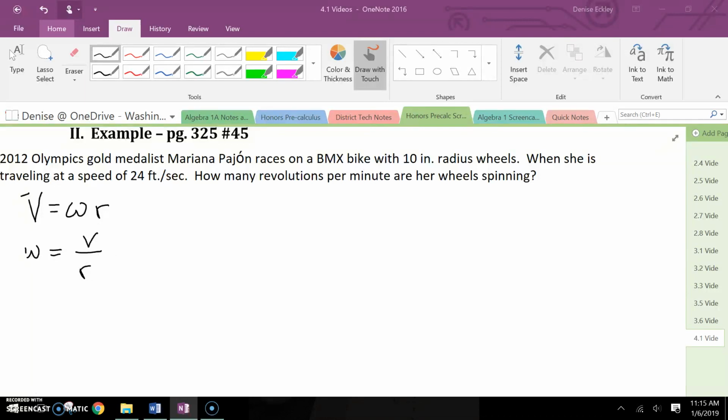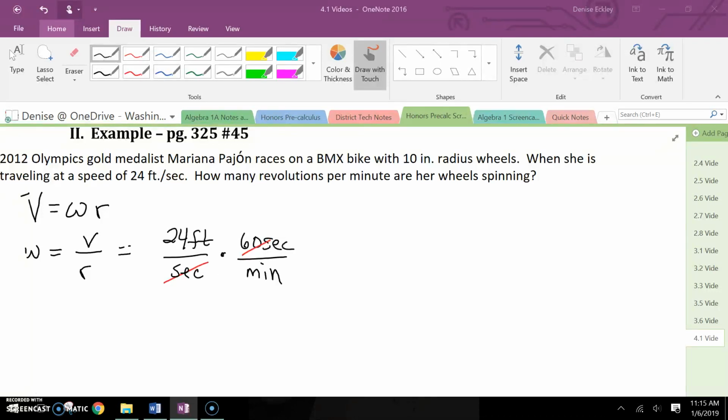So when we do that, we're going to take our linear velocity, which is 24 feet per second, and I'm writing it this way for the conversions. The first thing I'm going to do is multiply that times my conversion factor, which is 60 seconds per minute, so that now I'm in minutes, and the seconds units will cancel.